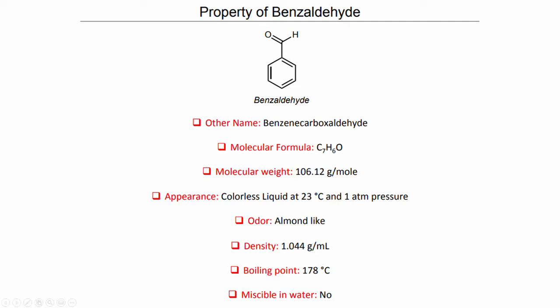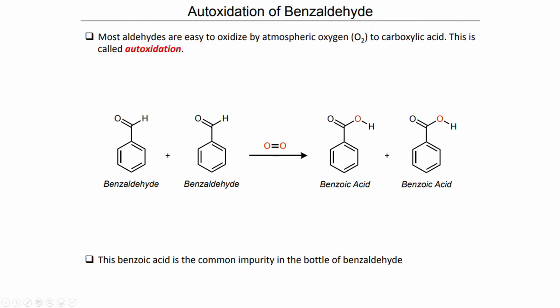It has a density of about 1.44 grams per ml, a boiling point of 178 degrees, and something else kind of important to this lab is that it is not miscible in water. So what's very interesting about your very first experiment is we're not actually making a product that we're going to use. We're actually just trying to clean up our benzaldehyde so that we can use that. The reason is benzaldehyde can undergo autooxidation.